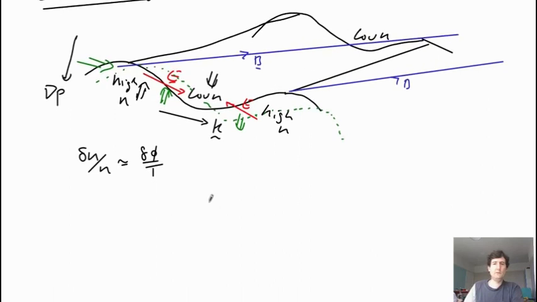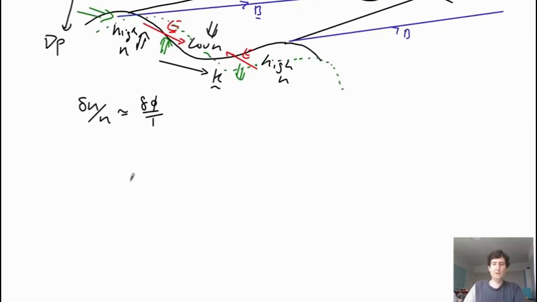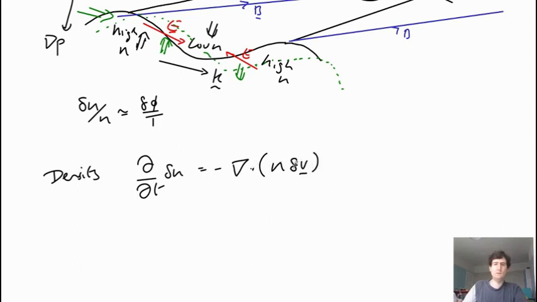And we can work out the dispersion relation for this wave. So we have the continuity equation for the density. So we have d by dt of the density perturbation, and that's just the divergence of the flow, n times delta U, where delta U is the perturbed fluid velocity.